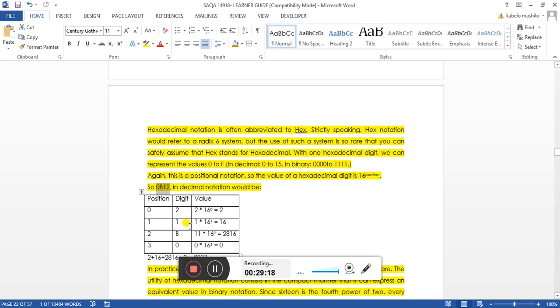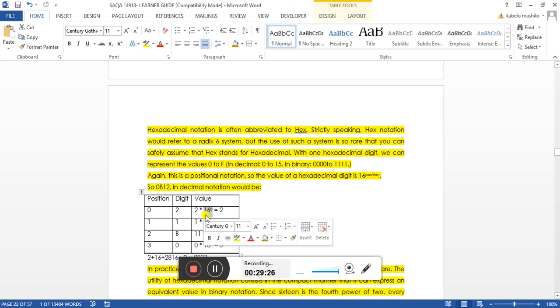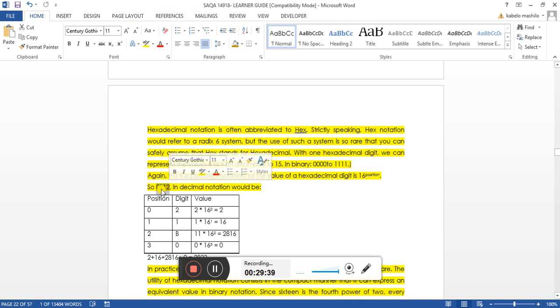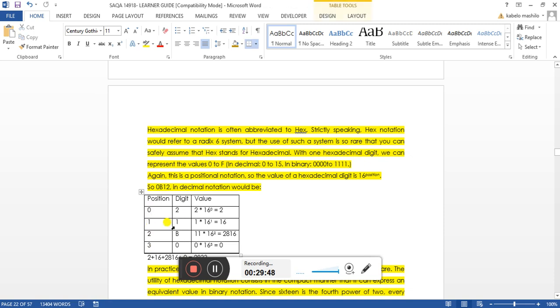The reason I wanted to clarify this is this number 16. How did they manage to find 16? It's because it's in position 4. Counting from our hexadecimal here, we've got 0B12. So from that, we count from 3 to 1. So through our position 0, we've got 2 to the power 4, which gives us 16.